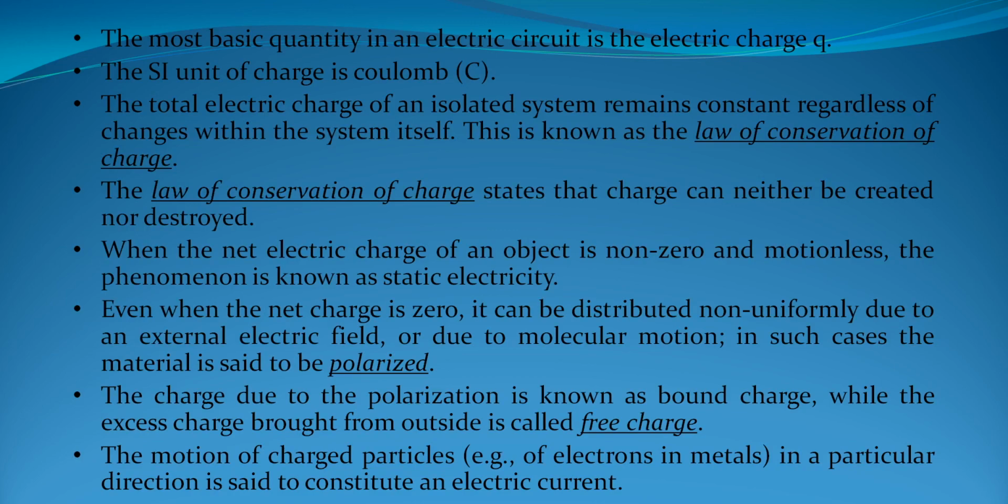So these are the changes in the system that we are talking about. Regardless of these changes in the system, an isolated system always has a total electric charge which is constant in nature. It does not change until and unless you apply some external source to it, in which case the system won't be considered isolated. So this was the law of conservation of charge.